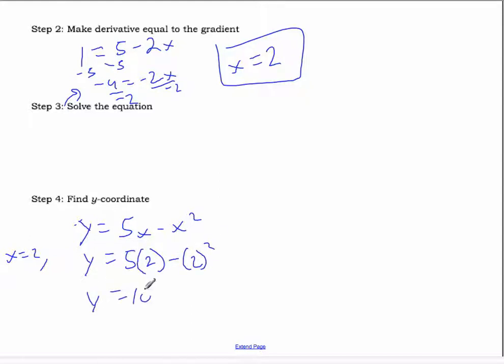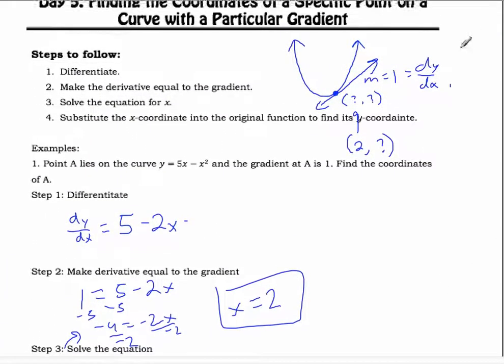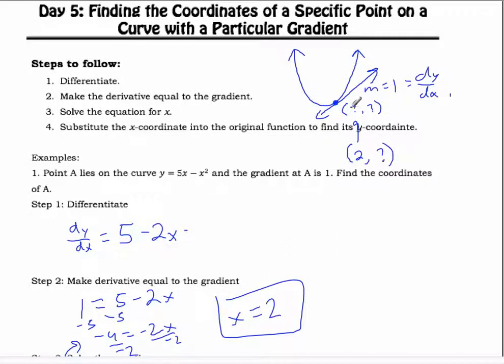And we'll just work that out: 10 minus 4, which is 6. So the point is (2, 6). If we look at our sketch of the graph, this point here is going to be (2, 6). Okay, so given the slope of the tangent line, we can find the point at which it touches the original curve.